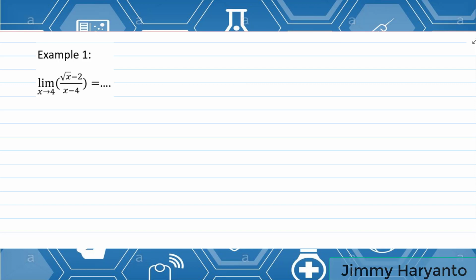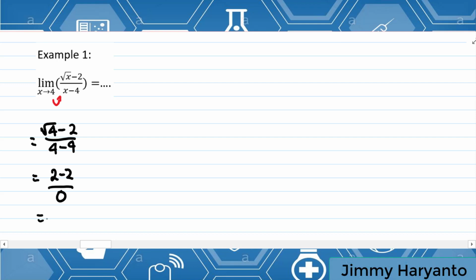As you can see, there are square roots in the function, but still the first step is to substitute the x. Let's see if the function is a common function or 0 over 0 form. Okay, so square root of 4 minus 2 over 4 minus 4 equals 2 minus 2 over 0, 0 over 0.